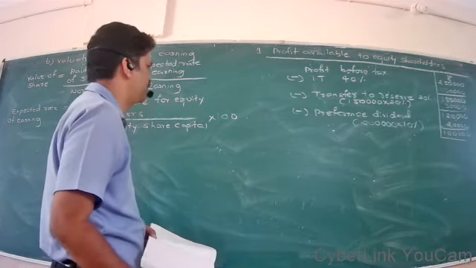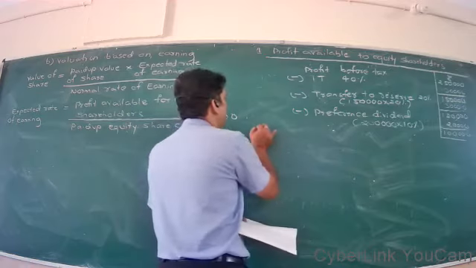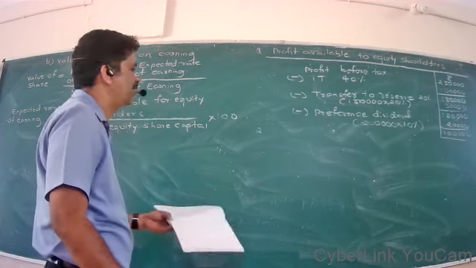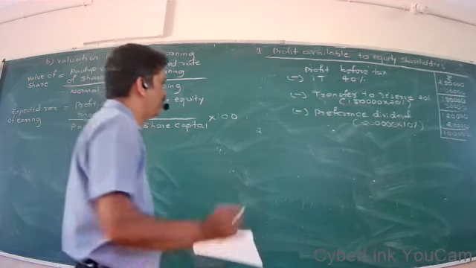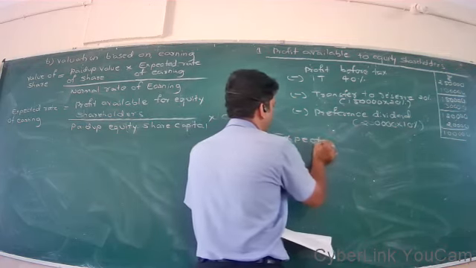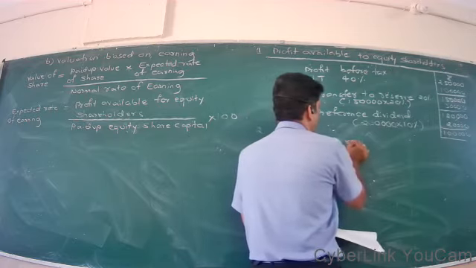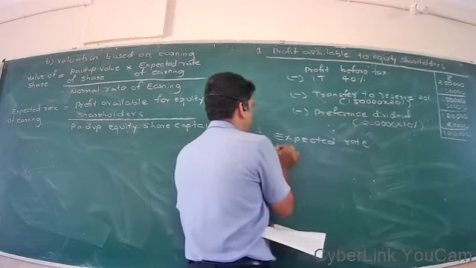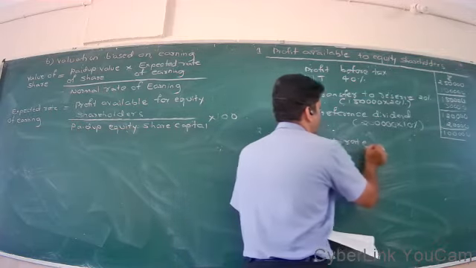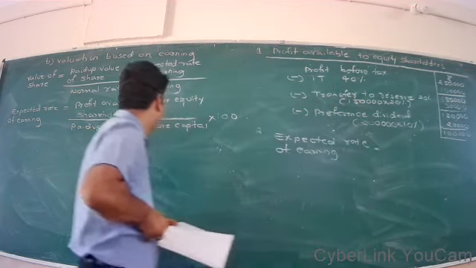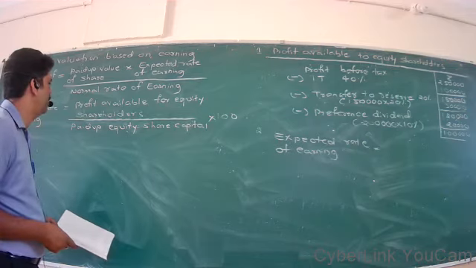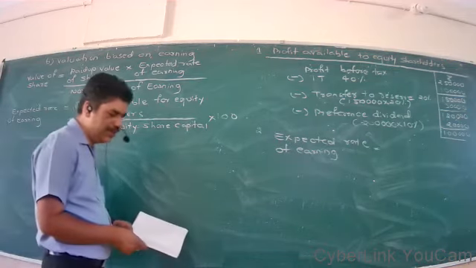In the second step we need to calculate the expected rate of earning. The formula is profit available for equity shareholders divided by paid up equity share capital into 100.